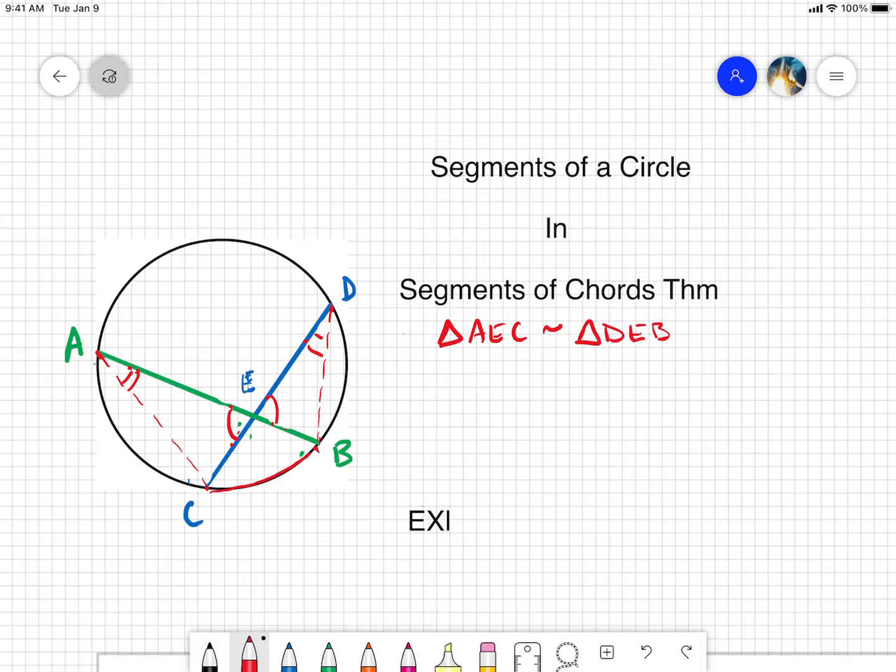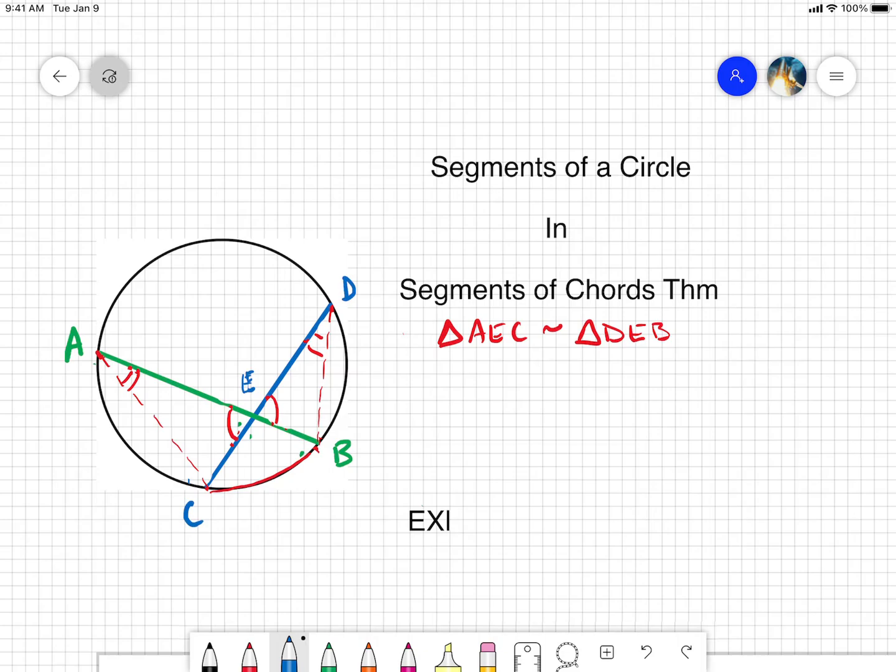Now, utilizing this, we're going to take a closer look at the segments by examining the similar triangles and understanding that the sides are proportional.